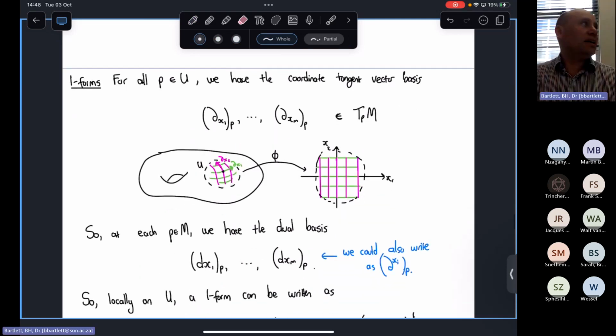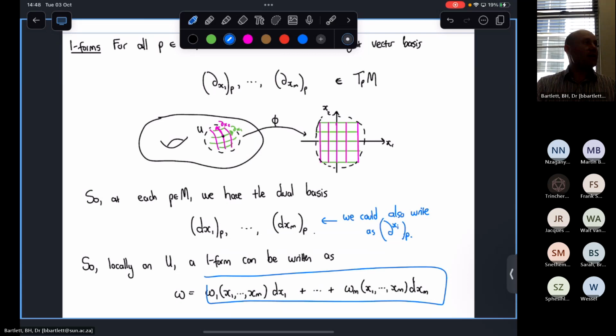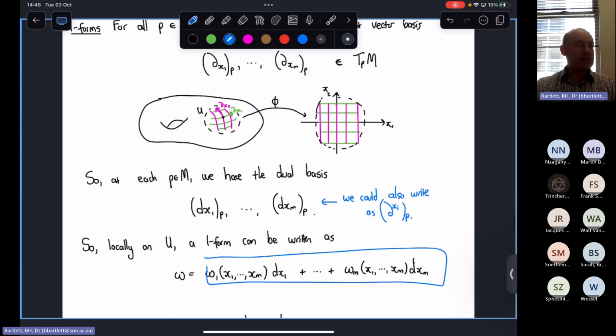So they're a basis for the cotangent space at every point. That means that locally a one form can be written like this, right? It's going to be something times this basis vector plus dot dot plus something times this basis vector. So at every point, I've got its components with respect to this basis. I know exactly how this thing operates.